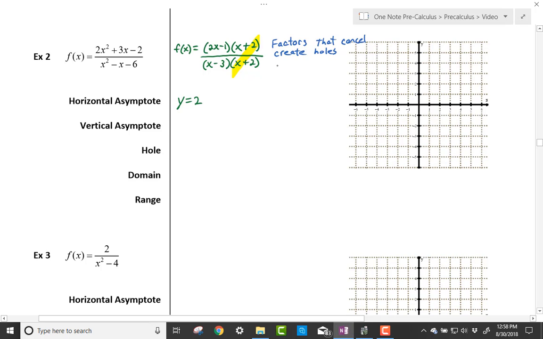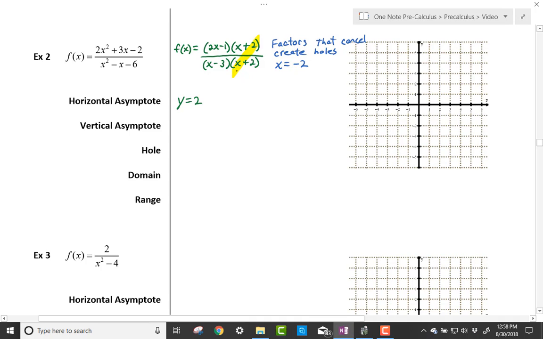So where is that hole? That hole is at x equals -2. Now, how do I find the y value of the hole? We call this hole, these x plus 2's, a removable discontinuity. A hole is someplace where you removed a discontinuity.